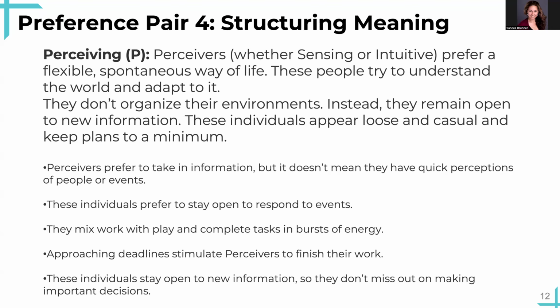While the judging side will take facts and logic and then make a decision and never look back. So these individuals tend to be more creative, more artistic, and have lots of energy, and they're definitely more spontaneous.